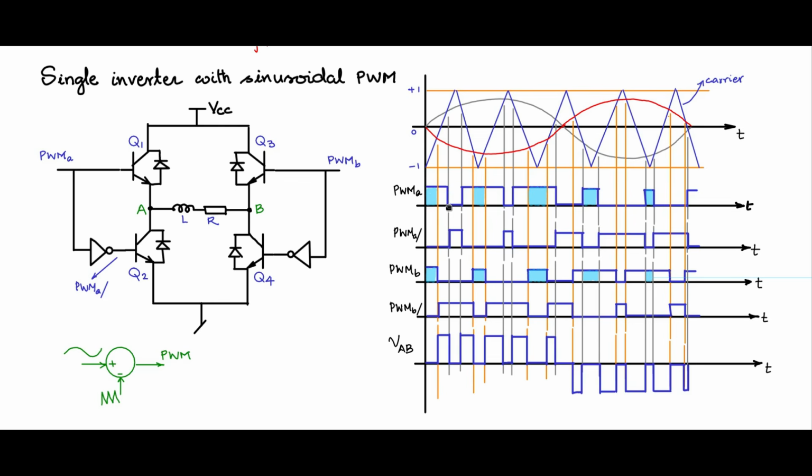However, the problem occurs at the transition. Look at this transition, which is indicated as an instantaneous transition, and at the instant when Q1 is going off, Q2 is going on at the same instant. However, in practice, in reality, things don't happen that way. The switching on and off doesn't happen instantaneously. There is a finite time.